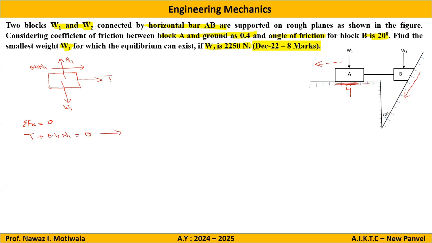Let this be equation number 1. Similarly, when I write summation of Fy is equal to 0, I can write N1 minus W1 is equal to 0, or N1 is equal to W1. Let this be equation number 2.